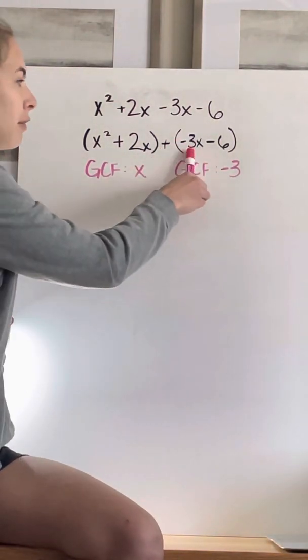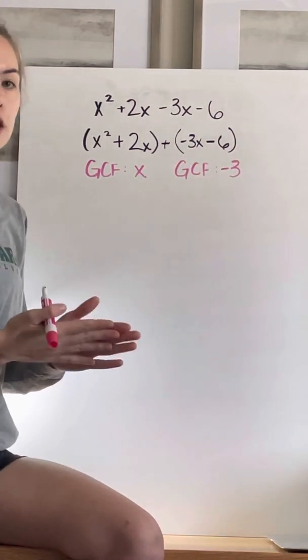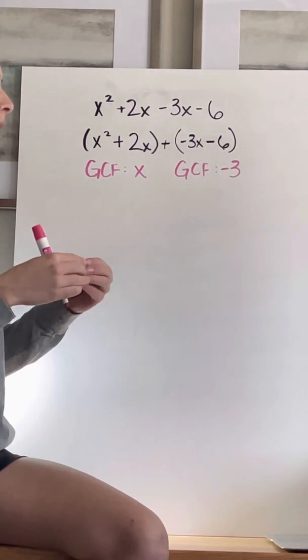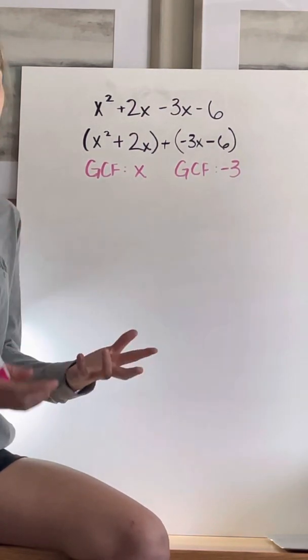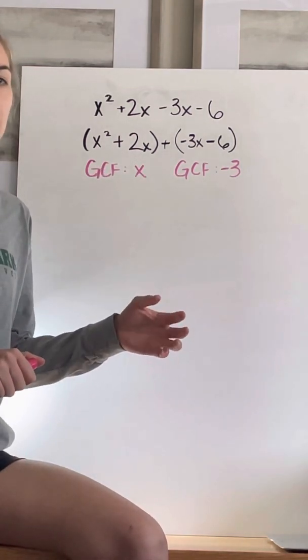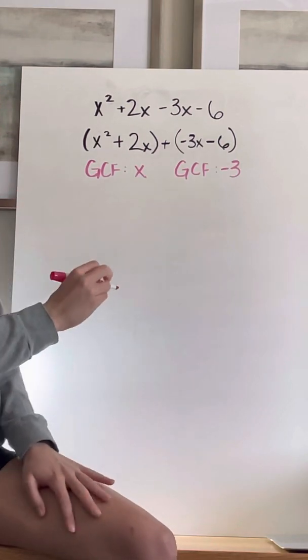So see how we have a -3x and a -6? There's a negative attached to both terms. Since that's the case, our greatest common factor is a -3. It's not a +3 because then that's just going to leave negatives down the road in there that we don't really want. So -3 is our GCF.